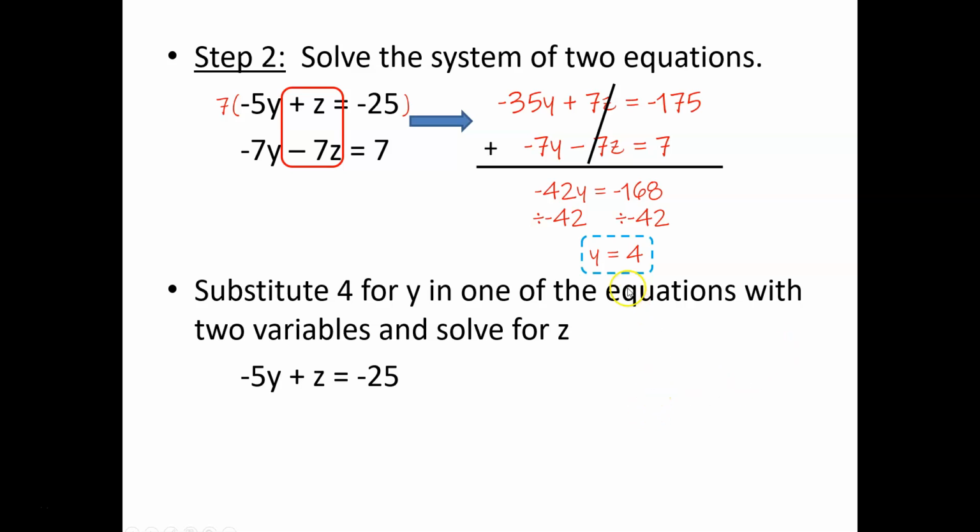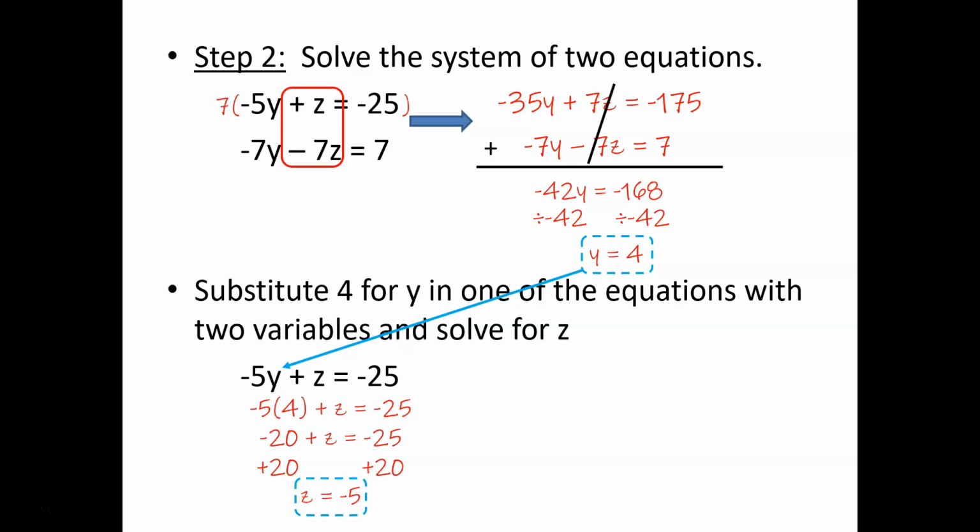Now we have to put that 4 into one of our two variable equations. So let's put it in this top one. -5 times 4 plus z equals -25. We multiply it out and then we add the 20 and we get z is -5.